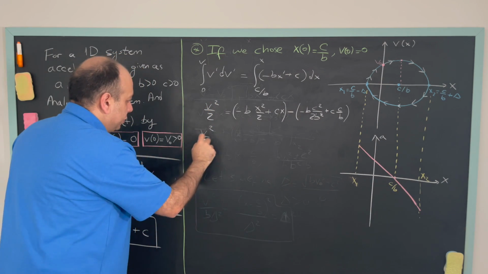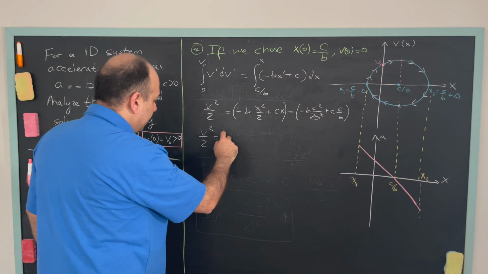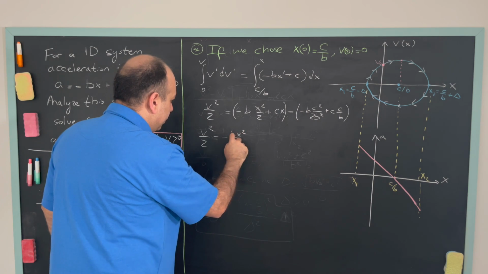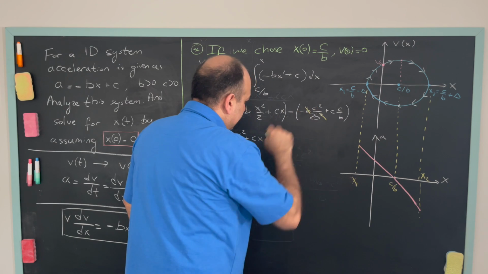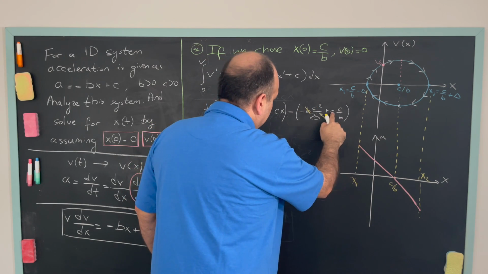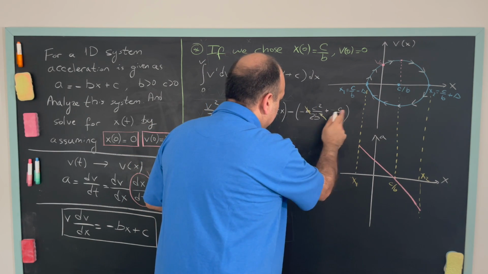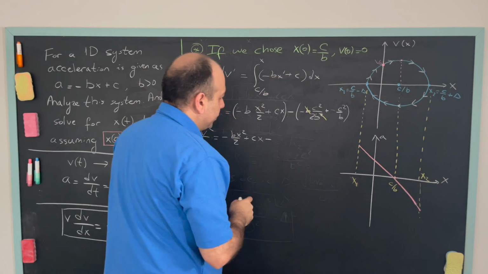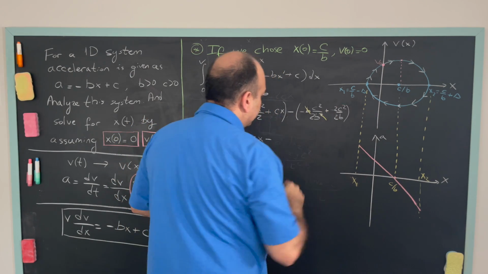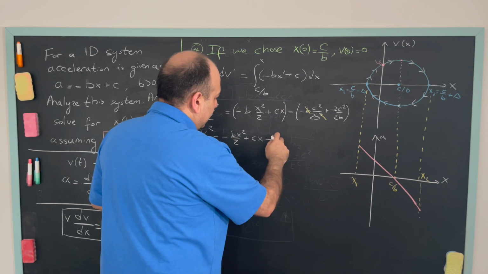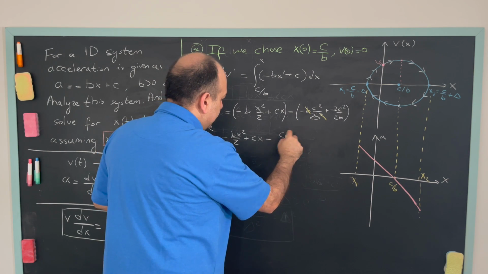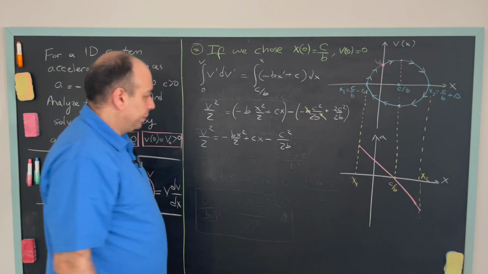So v squared over 2 is simply equal to minus b x squared over 2 plus cx minus, here this cancels this b, okay? So I'll have c squared over b, and with the 2 and 2 here, 2c squared minus c squared is just c squared, right? So this will be minus c squared over 2b.